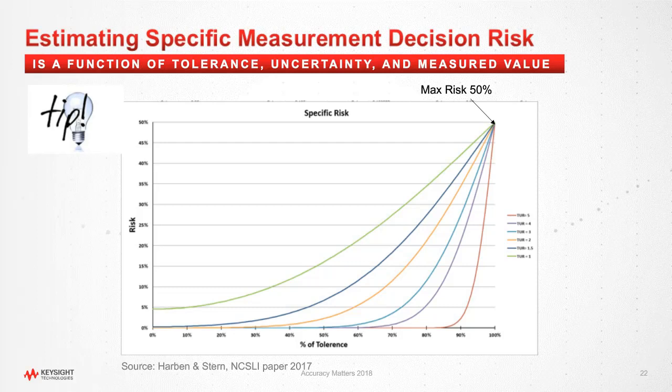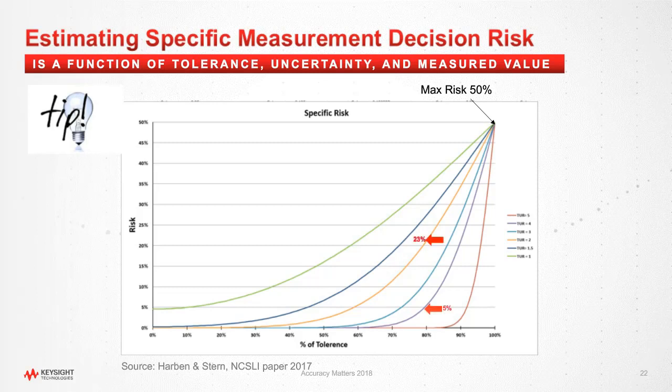You need to know what is the spec, or as we say, tolerance, what is the measurement uncertainty, and what did you measure. And then to use this table you simply divide the measurement value into the tolerance, and that gives you a percent of spec. That's the x-axis here. And then you divide the uncertainty into the tolerance, and that gives you the test uncertainty ratio. And I have one example here.